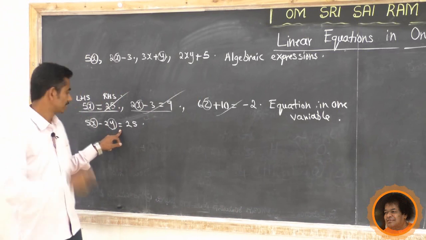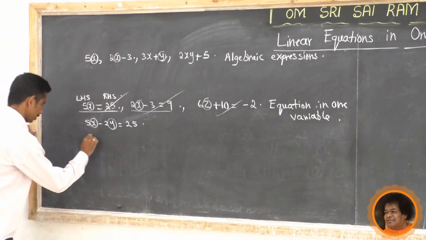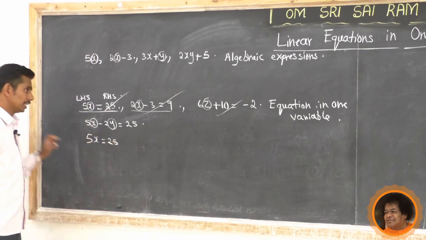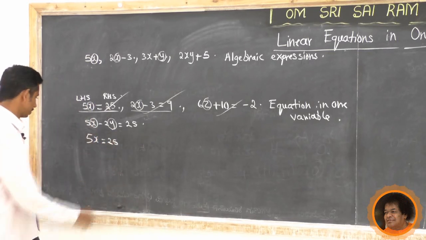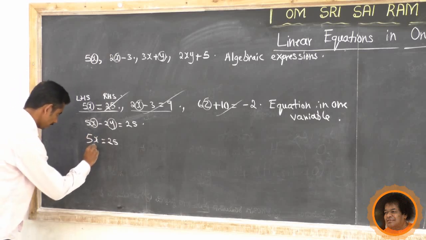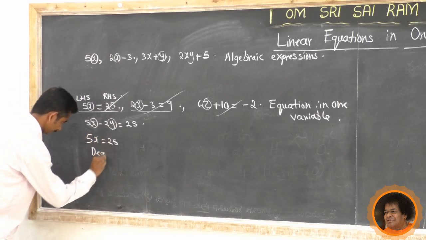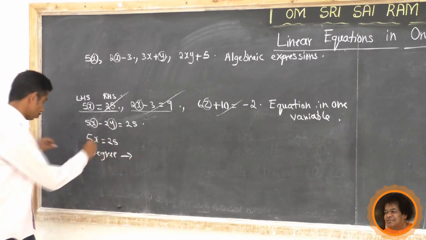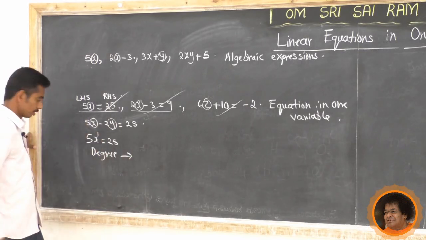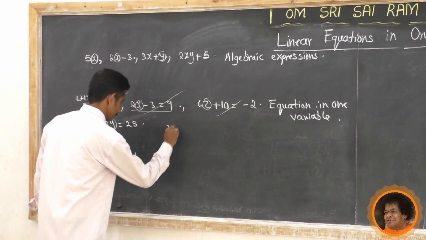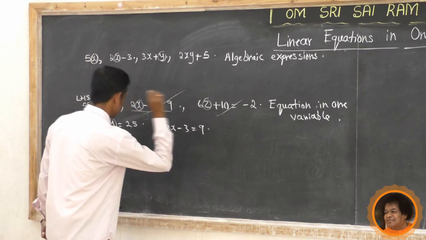So for 5x equal to 25, an equation in one variable, the variable is x. What is the degree? The degree is x to the power 1. Highest power is 1. So degree is 1. Now another one, 2x minus 3 equal to 9.